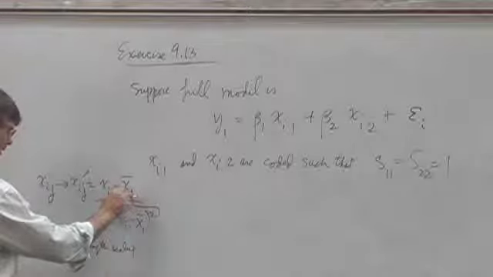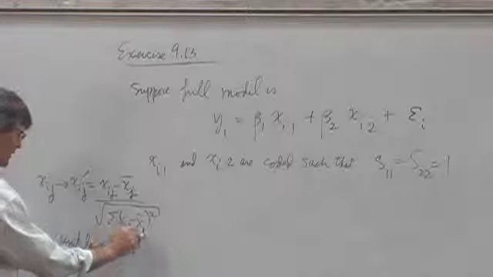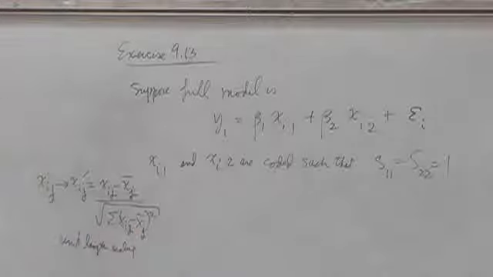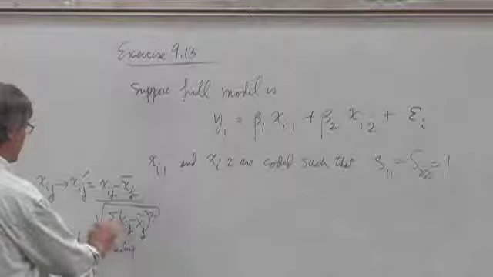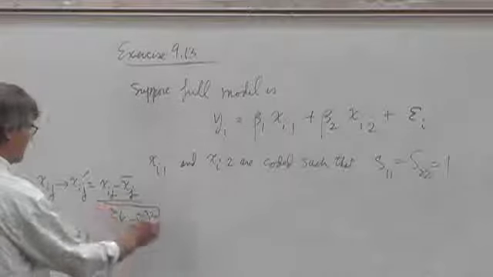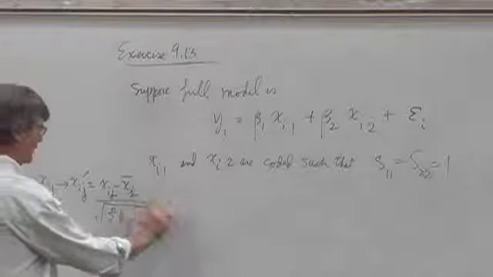J goes from 1, 2 up to k. Suppose you have that then. This sum was on i goes from 1 to n, and the j was the regressor index.